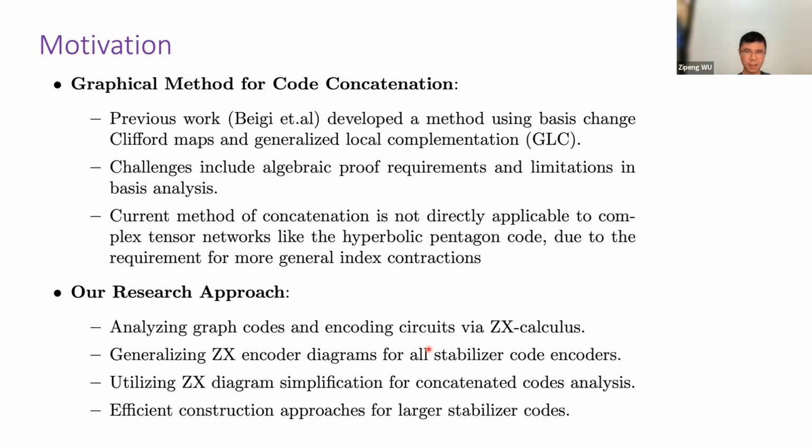So we derived the ZX calculus encoder diagram for the graph code, or more generally, we extend it to the stabilizer codes. And using this encoder framework, we are able to build any larger stabilizer code by stacking the encoder of the smaller code.